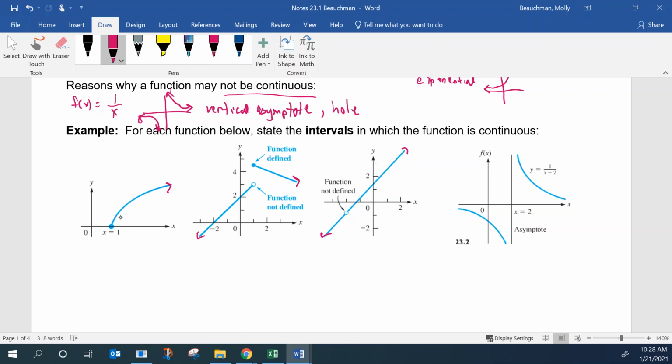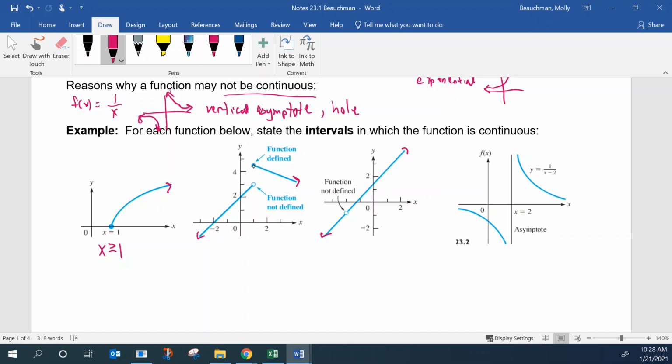For the first graph, this function is continuous everywhere, but it's only defined for x values greater than or equal to 1. So this is continuous on the interval x is greater than or equal to 1. So when we talk about intervals, we use x values.